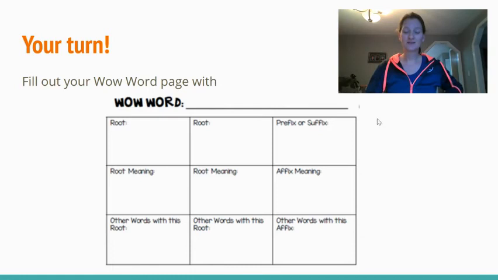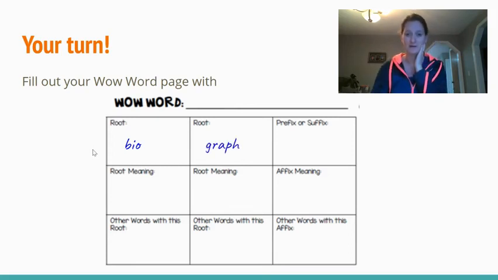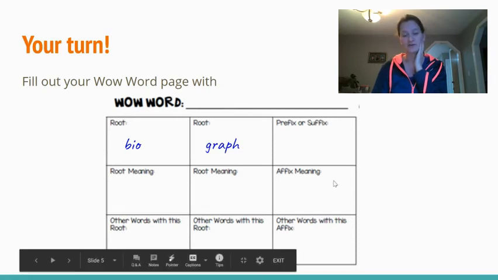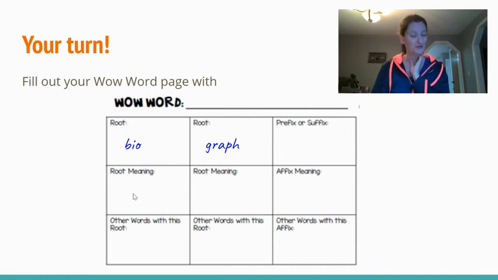So I want you to fill out your wow word page, and this word says root, and that means what is the root part when we split the word up, biography, what are the root parts of it that fit together? So we've got bio and we've got graph. We haven't got a prefix or a suffix this week, so we're not going to worry about this column. But the root meaning of bio, can you remember?